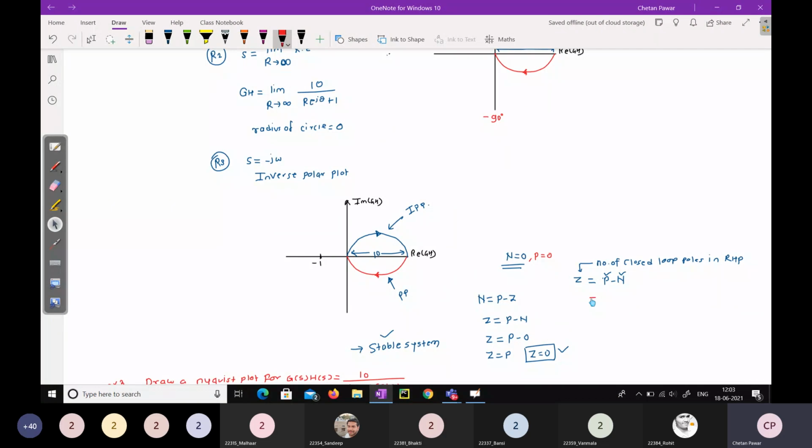So what will be Z, the number of closed loop poles in the RHP or contour? That will be 0 minus 0, which is 0. So we can say the closed loop system is a stable system.